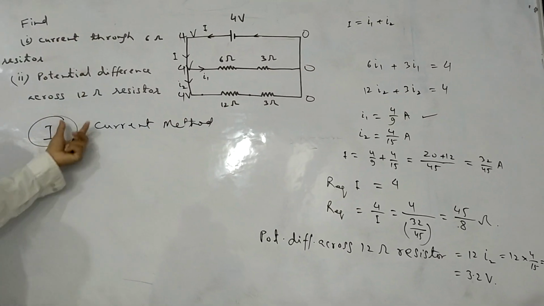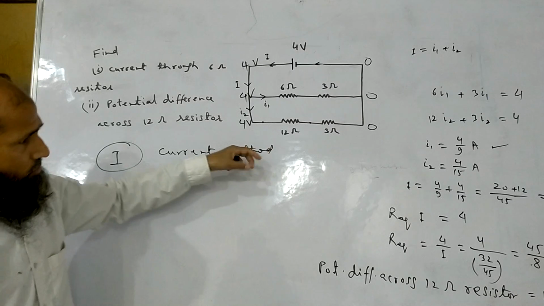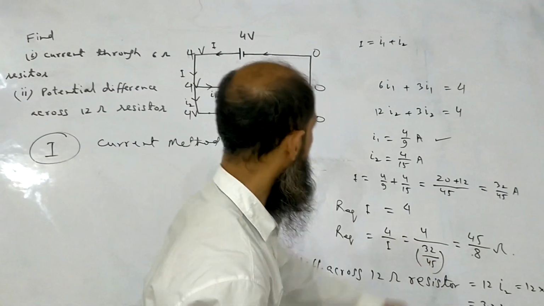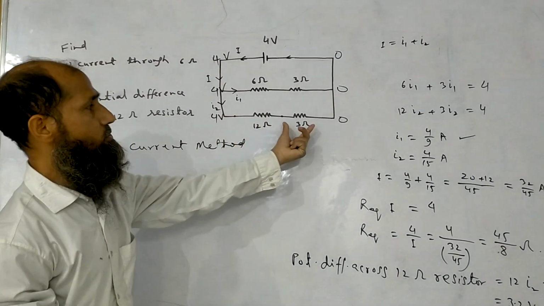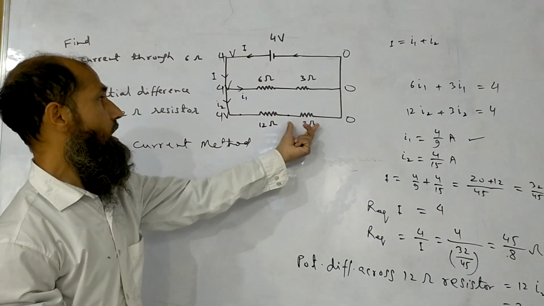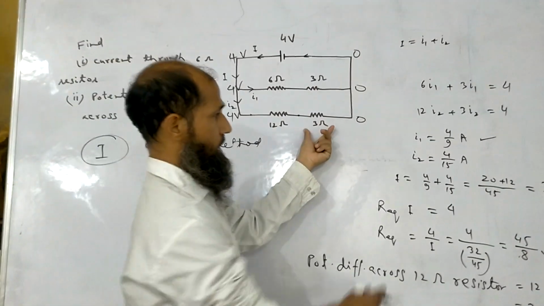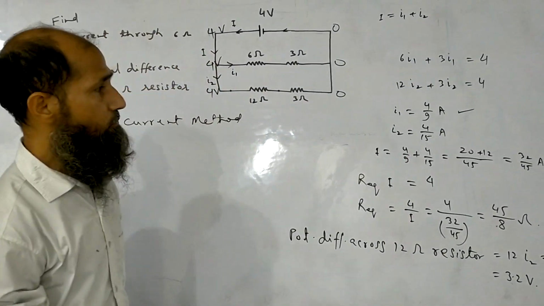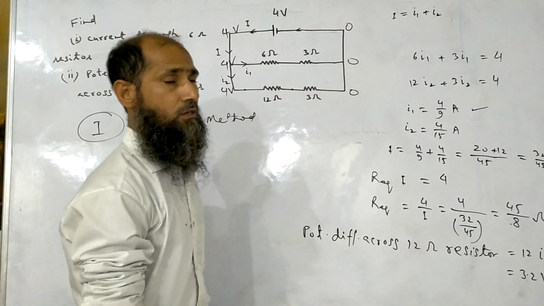So both the questions are answered, and a lot of things we can find out for this circuit. R equivalent we have already found out, and anything you can find out. Likewise, what is the potential difference across this one? This will be again I2 into this 3 ohm, and I2 you know. So 3 into this, that is equal to 4 by 5, which is 0.8 volt.